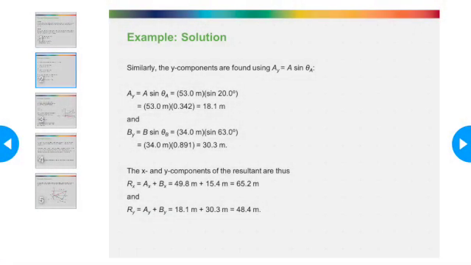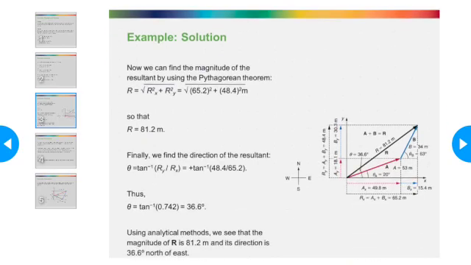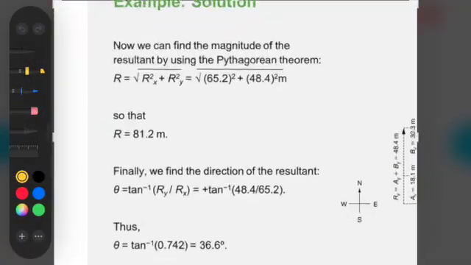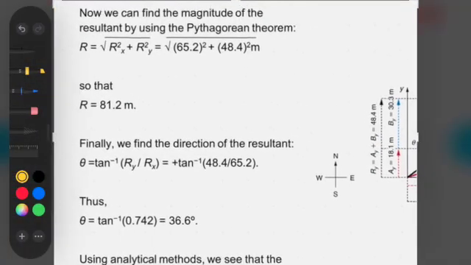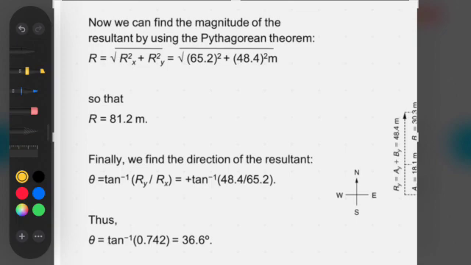Now that we have those components, we can work backwards using a little bit of trig, but our Pythagorean theorem, where we square 65.2 plus the square of 48.4, square root that, and that gives us 81.2 meters.